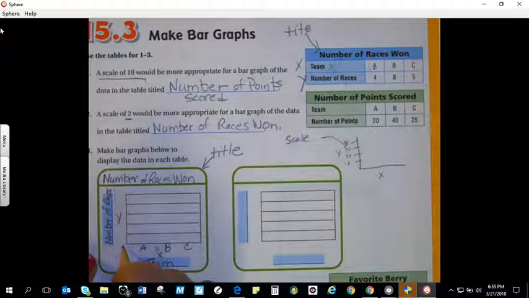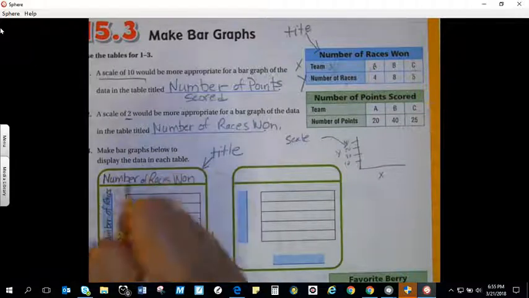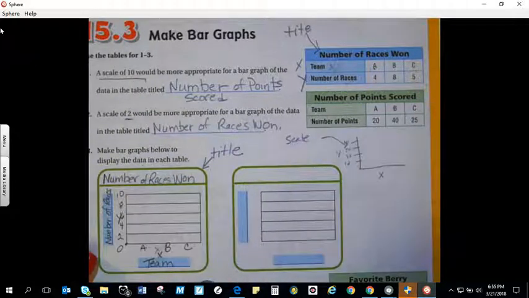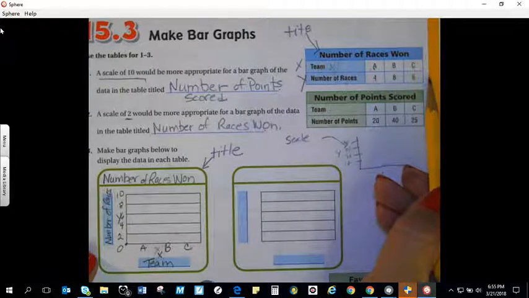So again, because this is the point of origin, it's 0, and this is 2, 4, 6, 8, and then my top number is 10. But as you can see, I won't be passing 10, will I?